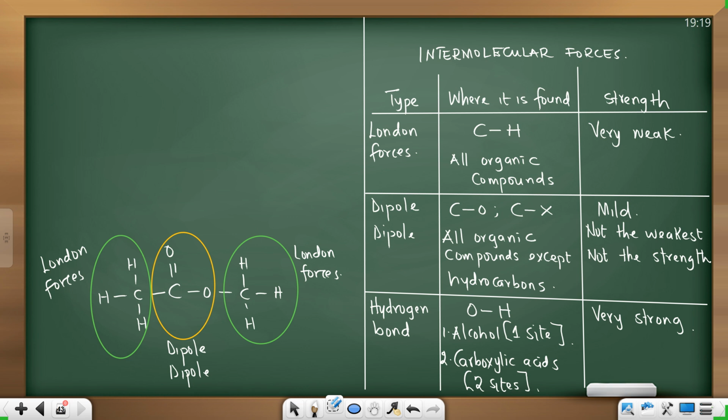I just want that diagram to be on the right and that table on the left.